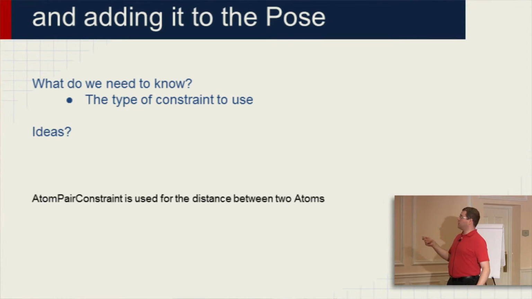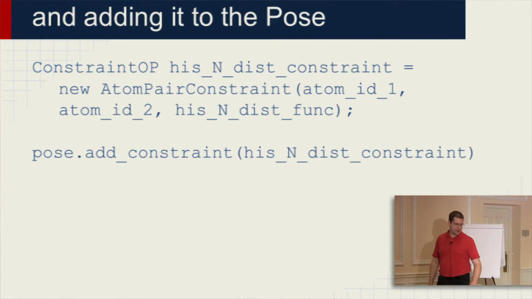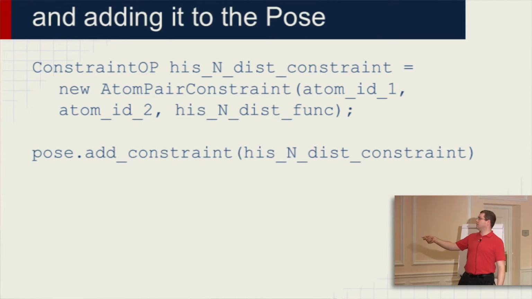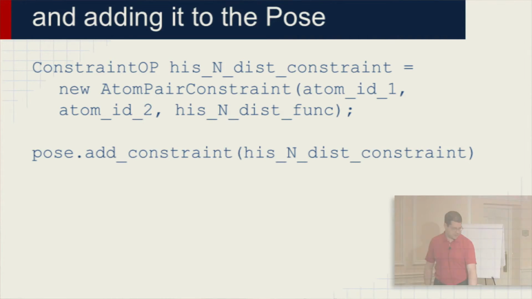And then once you create the constraint, you would add it to the pose. Oh yeah, an atom pair constraint because we're constraining distances. So create an atom pair constraint with a particular func, and then you can add it to the pose.